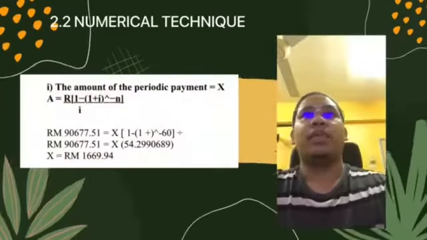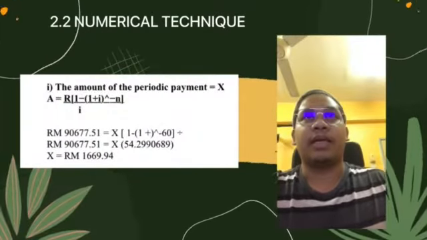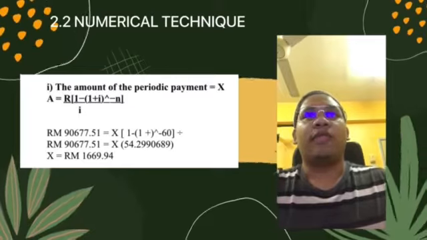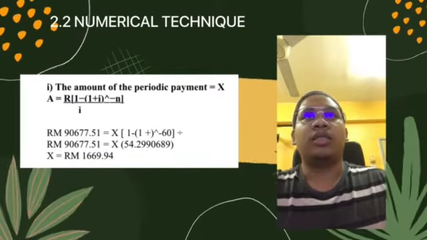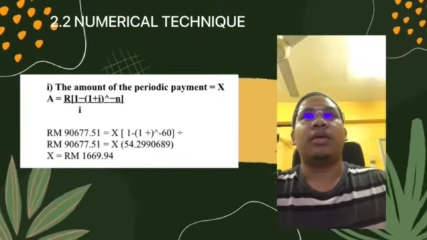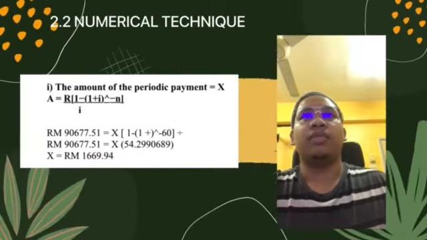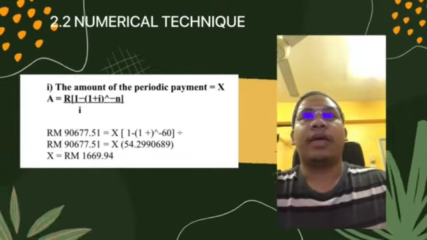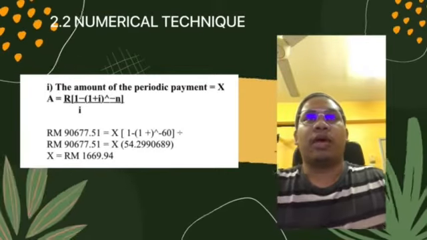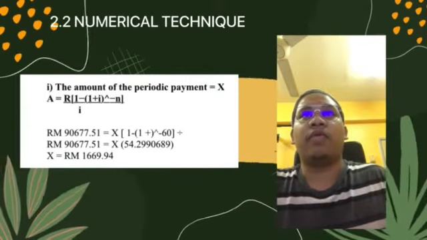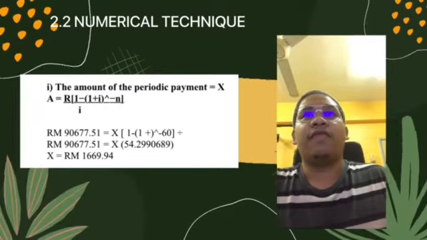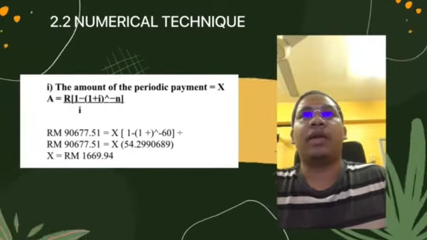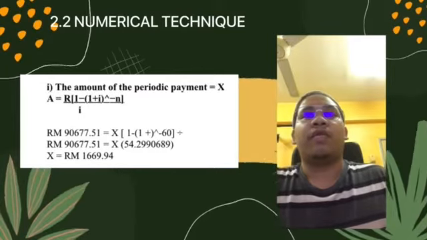Find the amount of the periodic payment X. You use the same formula. So 90,677 ringgit and 51 cent equals X bracket 1 minus bracket 1 plus 1 over 300 close bracket to the power of negative 60 close bracket over 1 over 300.